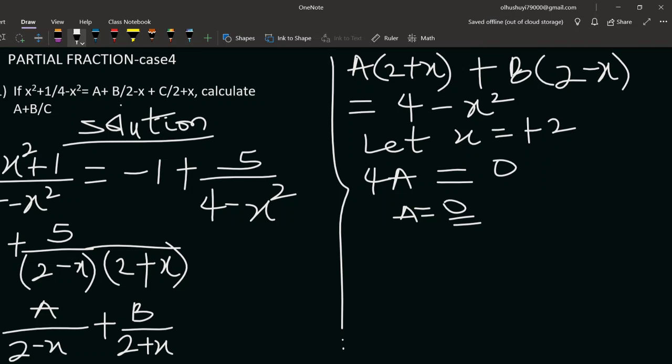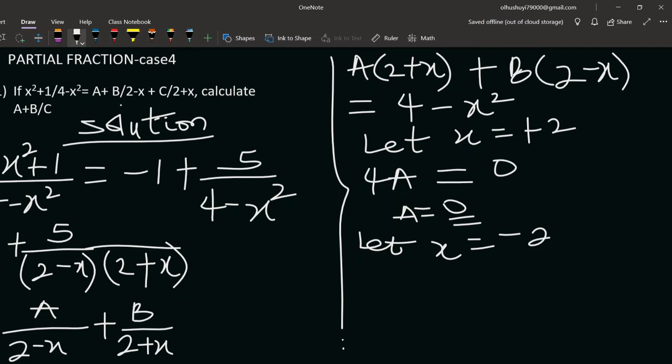And if you now say let x be minus 2, if x is minus 2, A will cross out.